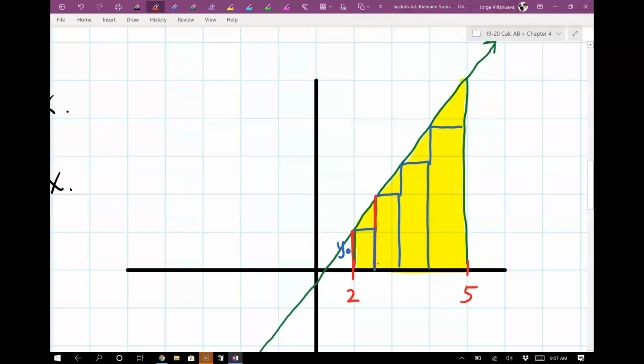This is y sub 1. Y sub 2 is this height right there. That's y sub 2. Y sub 3 is that height right there. Okay, and y sub 4 would be this height over here.